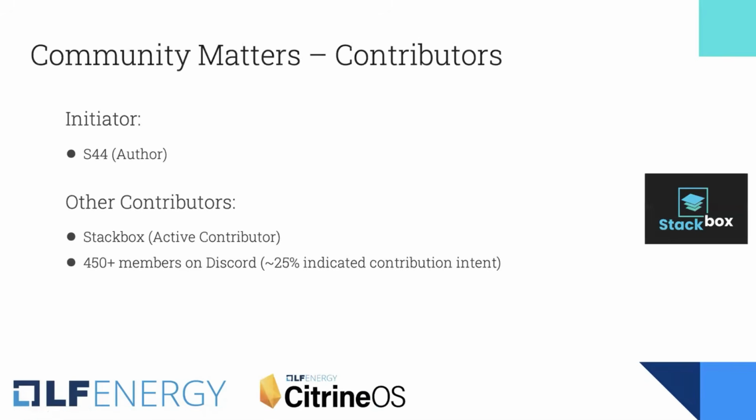Covering how the community for CitrineOS works. The original contributor was, as I mentioned earlier, S44 Energy. We've had a module contributed by Stackbox. They contributed a payment integration with Stripe. That Discord number is actually outdated. I believe we now have over 500 members on Discord. Many of whom have indicated an intent to contribute.